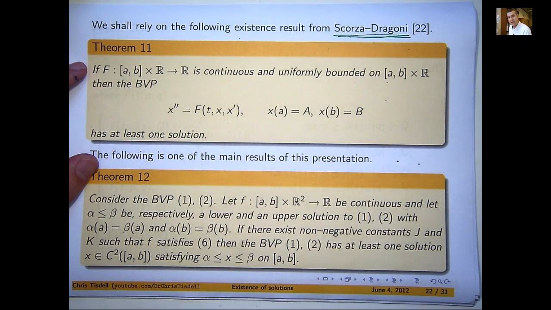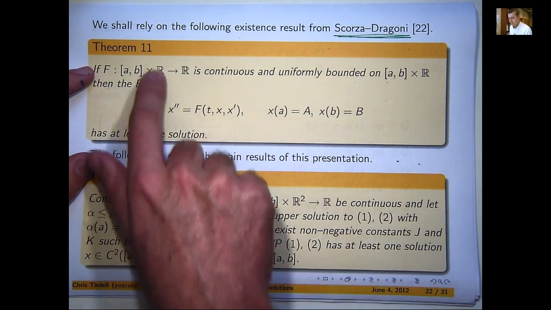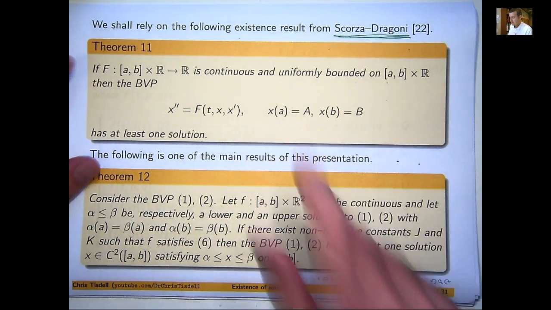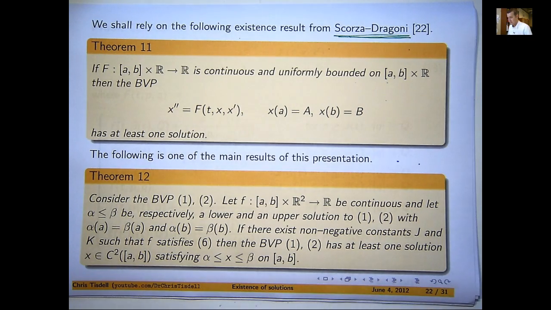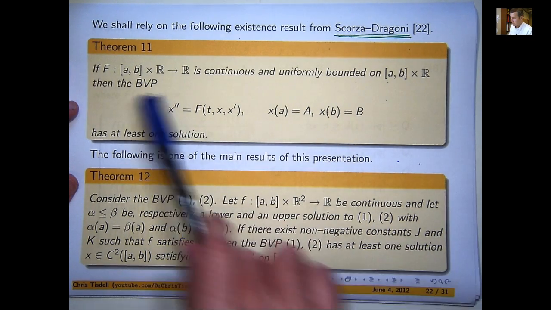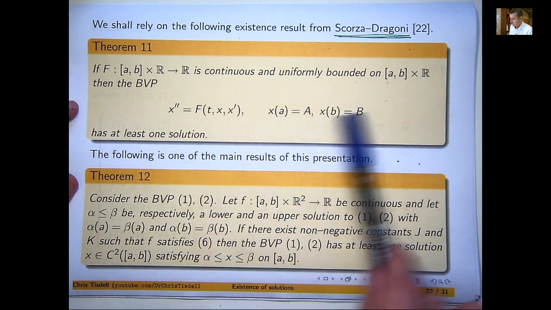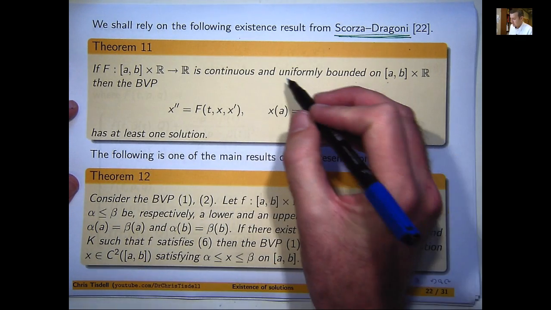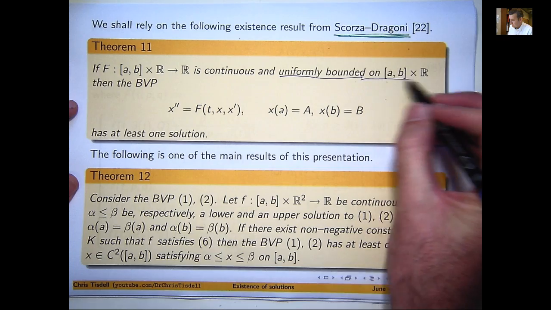Suppose we have a function, big F, that's defined on this set, is continuous and uniformly bounded on this set. If those conditions are satisfied, then this boundary value problem has at least one solution. Now, what do I mean when I say uniformly bounded on this set?